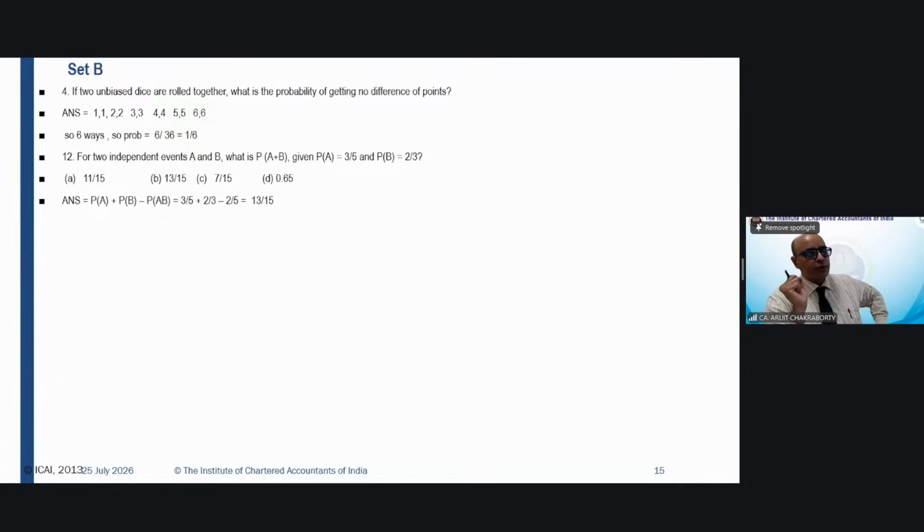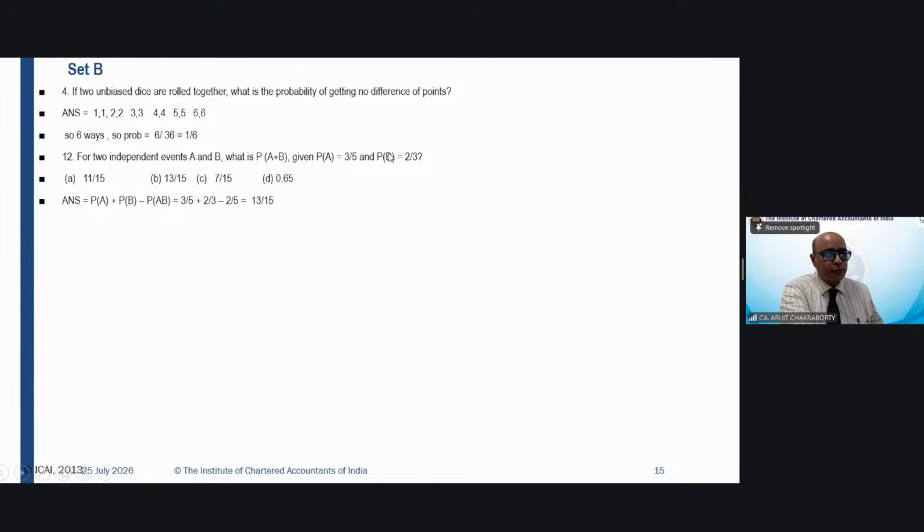So first, you are supposed to find out P(A+B). P(A+B) means probability of A union B. This is given by probability of A plus probability of B minus probability of A intersection B, that is AB. So the formula is P(A) plus P(B) minus P(AB).